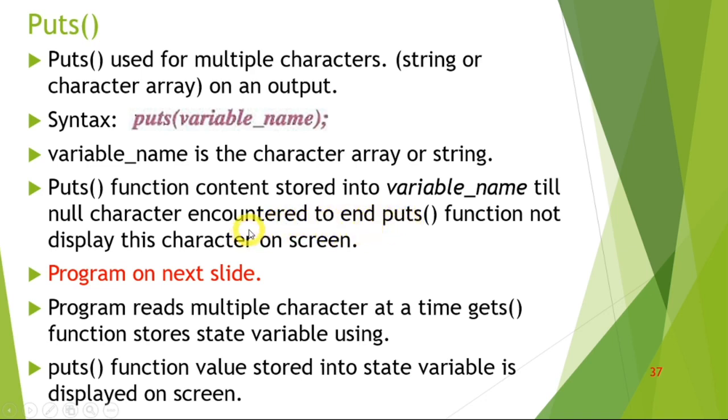The null character is not displayed on the screen. The program on the next slide reads multiple characters at a time using gets, stores them in a state variable, then using puts the value stored in the state variable is displayed on the screen. So we will check the program on the next slide.